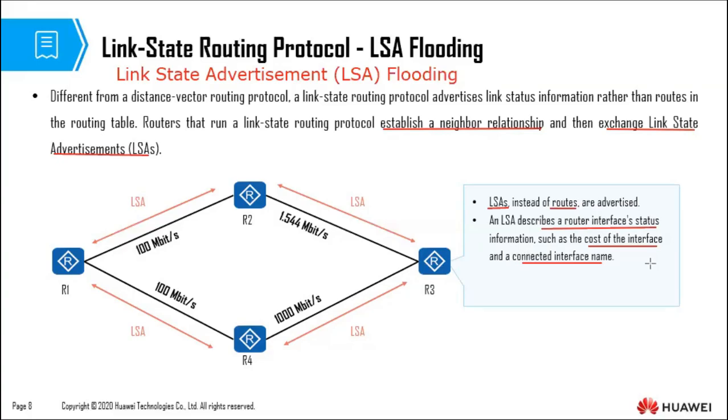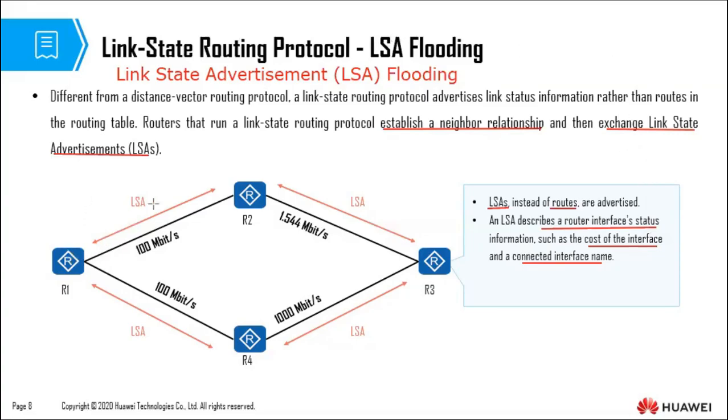So we are not really advertising a particular destination or how to go to it. We're just advertising those different links and the networks they belong to. Then each router is going to finally calculate its own path to the destination. So that's the main difference with this.